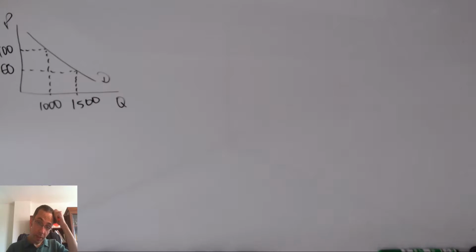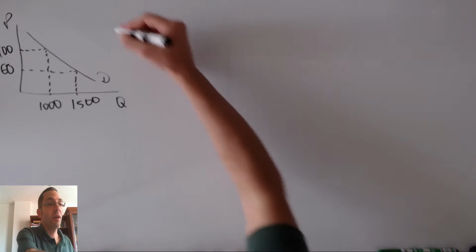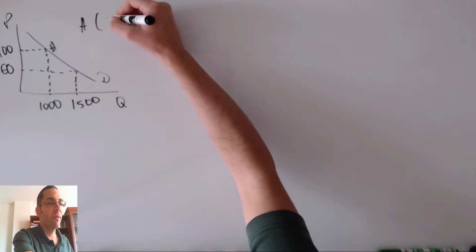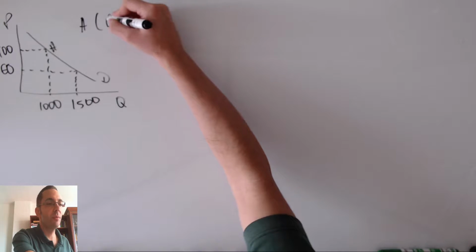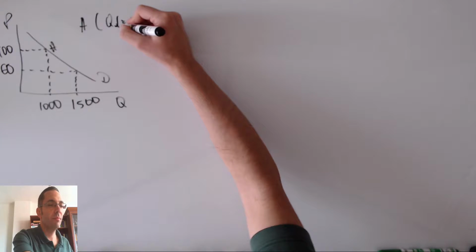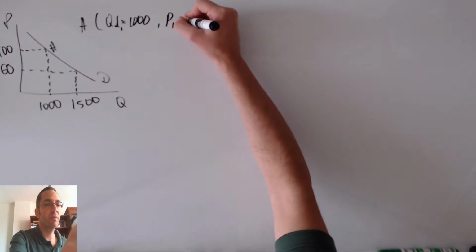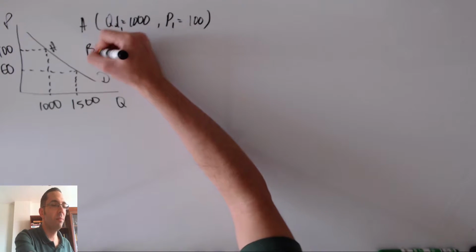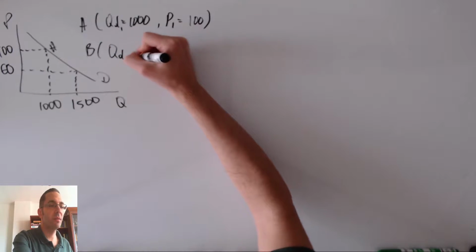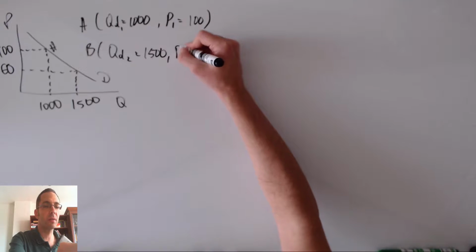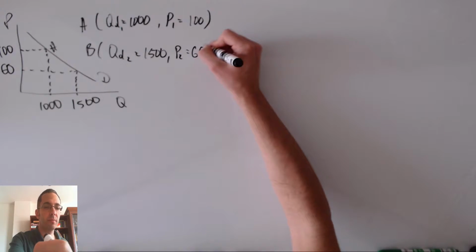Okay, so let's say we have a situation like this, effectively 2 points. At A, quantity demanded is equal to 1000, and the price is equal to 100. And at B, quantity demanded is equal to 1500, and the price is 60.